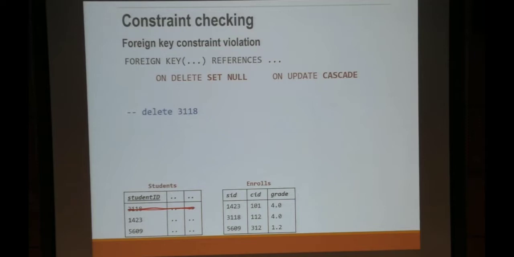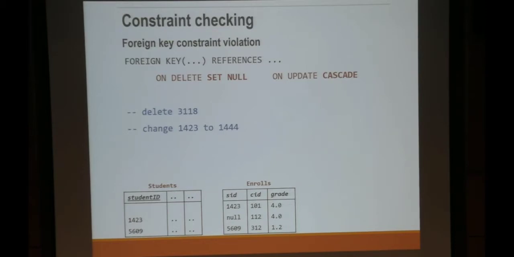When I try to delete this, I notice that this one is going to be violated. So I'm just going to set the SID to null. Once I set it to null, I can safely delete that value. Logically, you can think of it that both happen at the same time. The update and the deletion happen at the same time, logically.